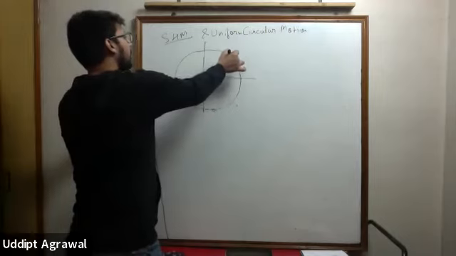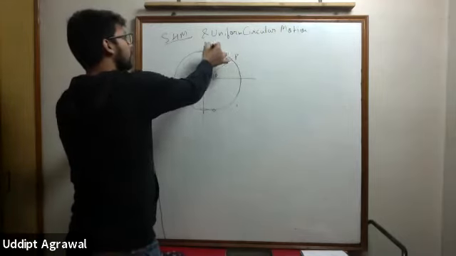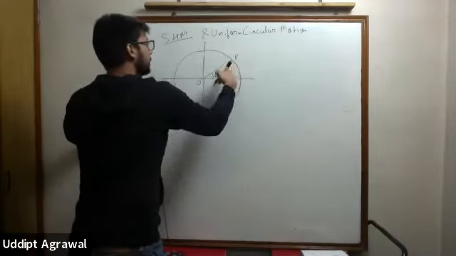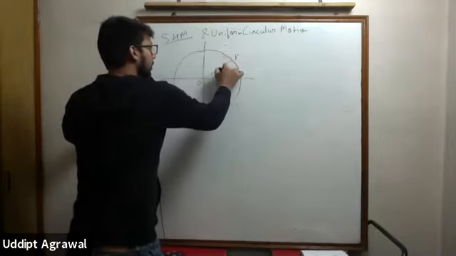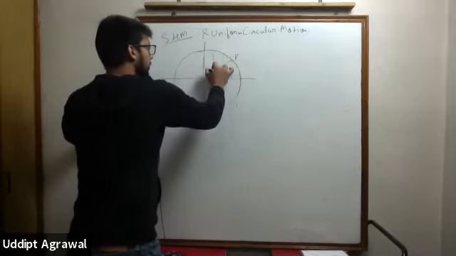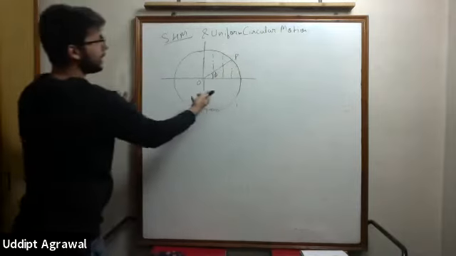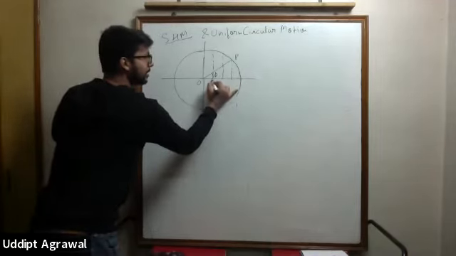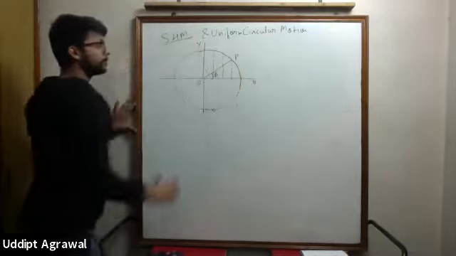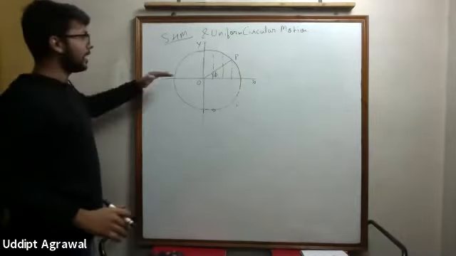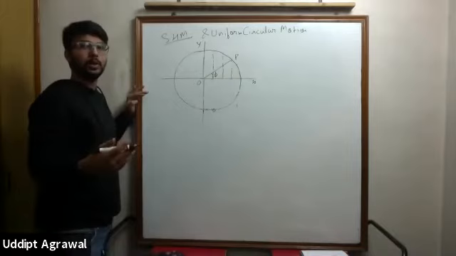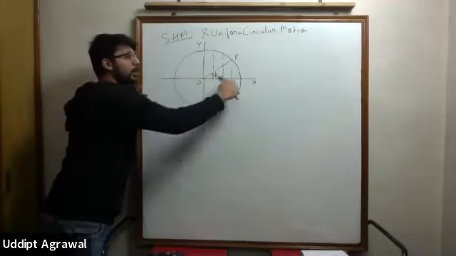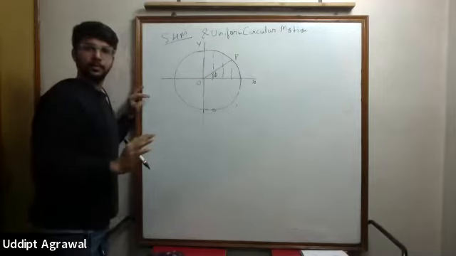So when my particle starts moving on the circle, if I take the projection at each point, say this, or this, or this, what am I getting? Every time I take a projection, I get the position on the x-axis. This is the x-axis. And that is exactly what I want, because in simple harmonic motion we are only doing the linear version of it right now. So I only want the x-axis.